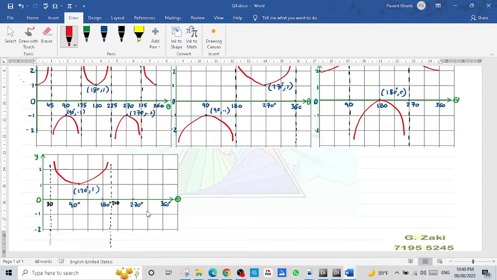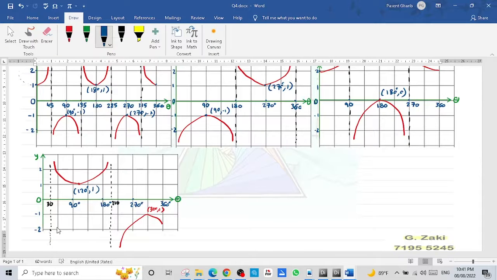The maximum here is at 300. So at 300, this is the maximum point, at 300 and -1. So the minimum point is 120 and 1, the maximum point at 300 and -1.